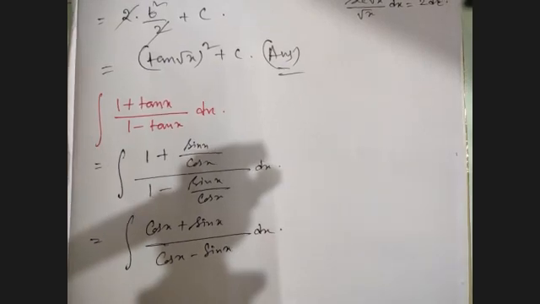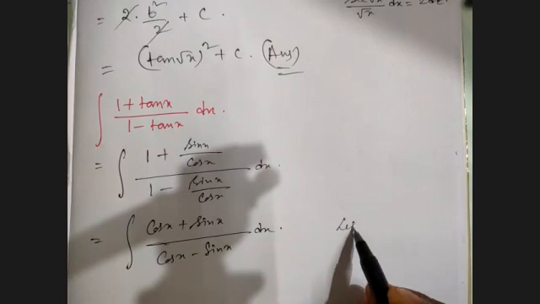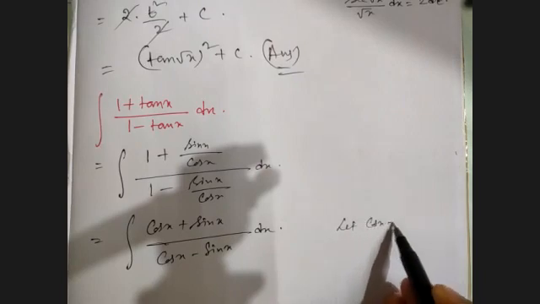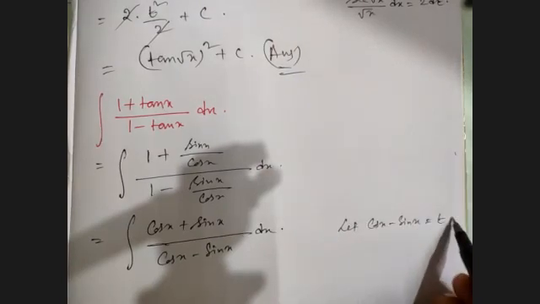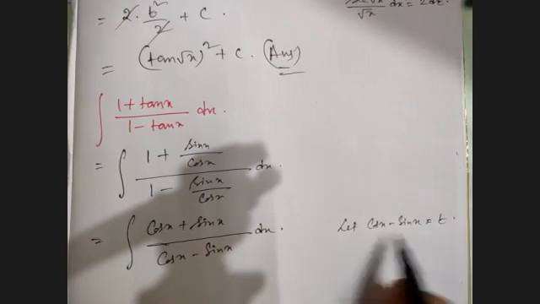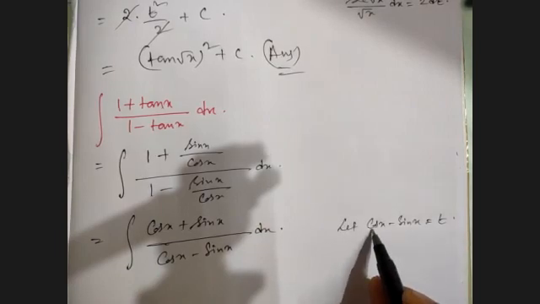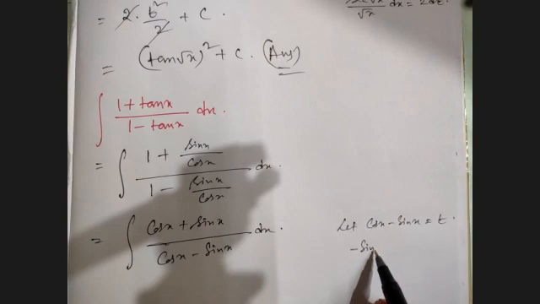Now tell me which one you have to take as t. See, if you let cos x minus sine x equal to t and then differentiate, what will you get? d/dx of cos x is minus sine x, d/dx of sine x is cos x.